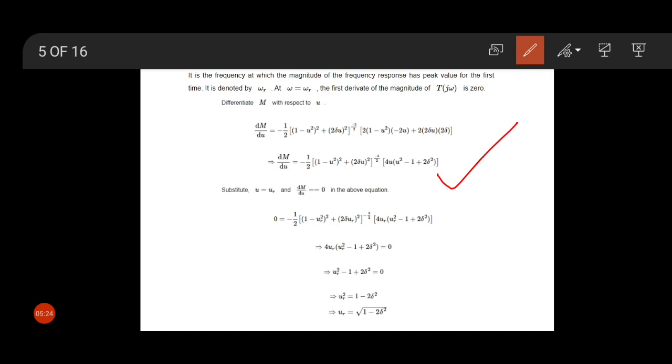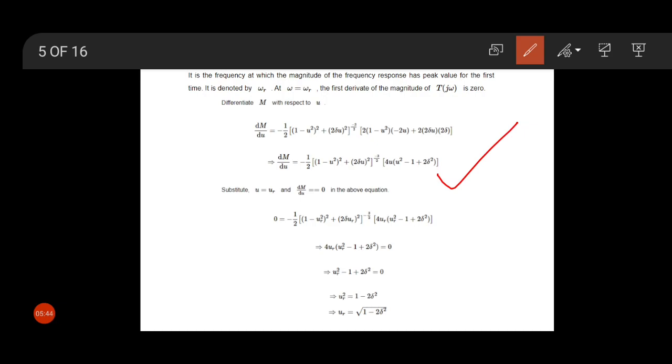If we put u equal to u_r and dM by du equal to 0, then we can find u_r equals root under 1 minus 2 zeta square.